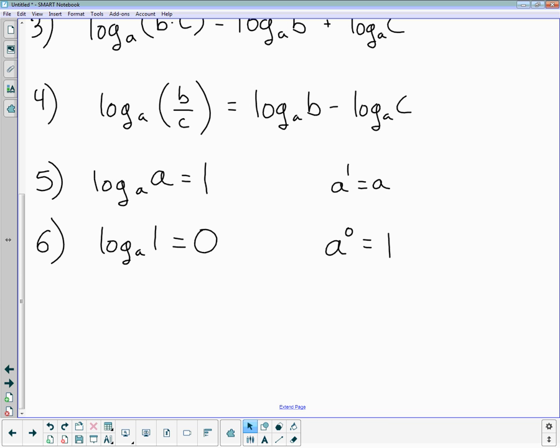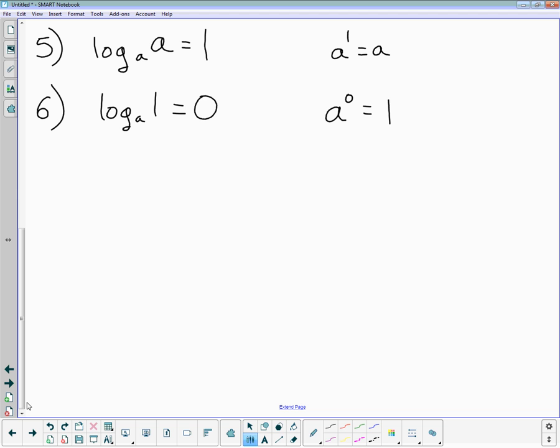All right. So 5 and 6 are very, very useful if you are trying to do some crazy algebraic things like that. If you're trying to combine things and you're dealing with whole numbers and stuff like that, these are very useful. Okay? But the next two are very useful in solving equations.